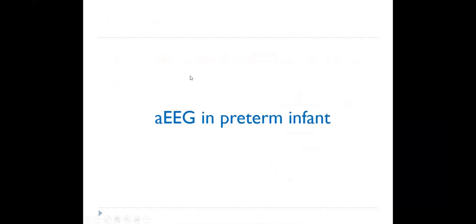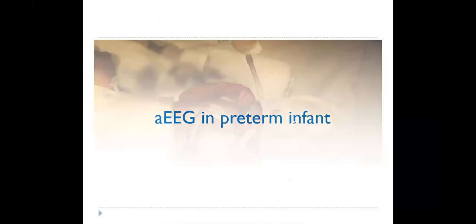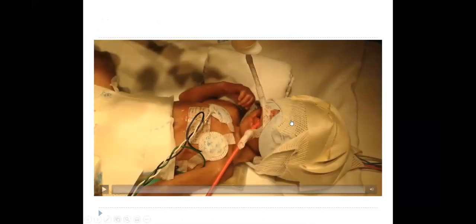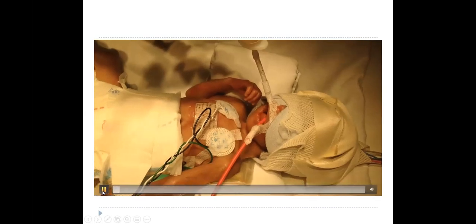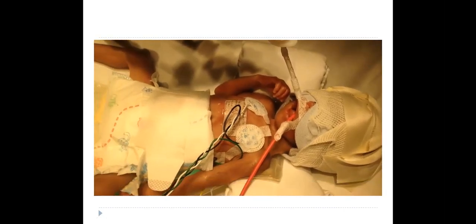Okay, well, now we're going to review aEEG in preterm infants. Okay, please watch this video. Okay, this is a preterm infant, 28 weeks.